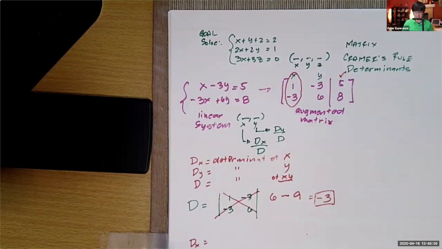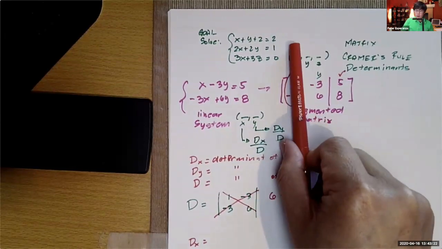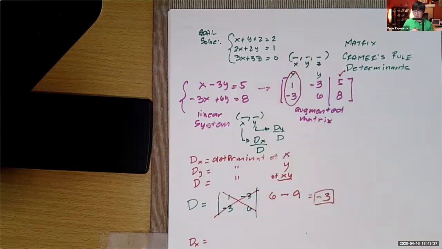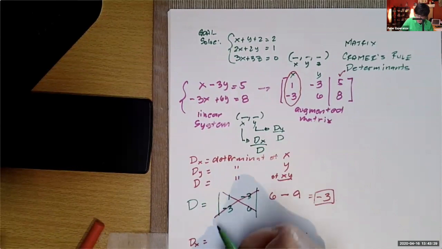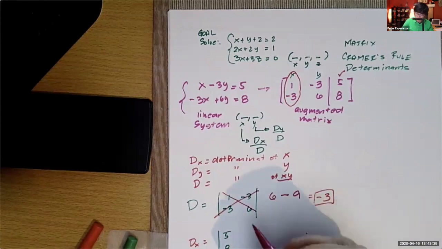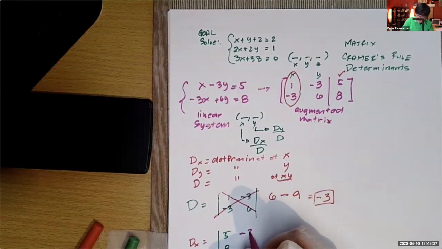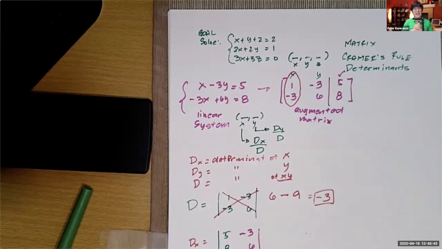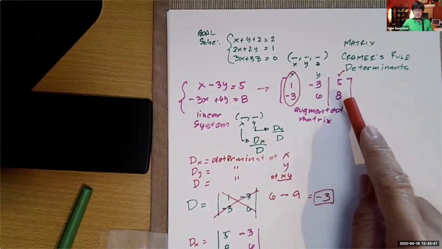To find the dx, you cover the x column and replace it with the right-hand side. So our new matrix is going to be 5, 8, and then the column for y is not going to change. It's still negative 3 and 6. There, that's how you find the dx.